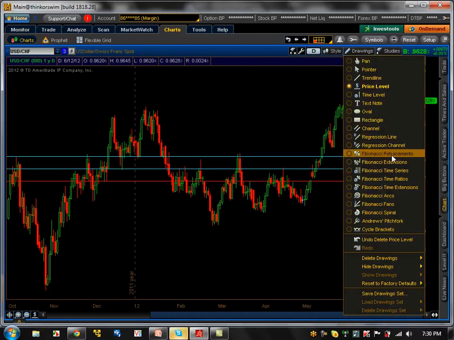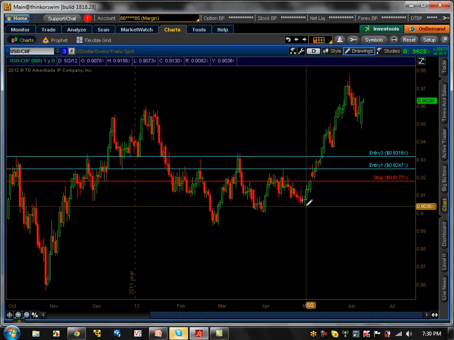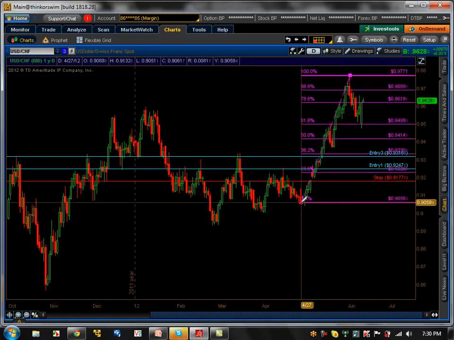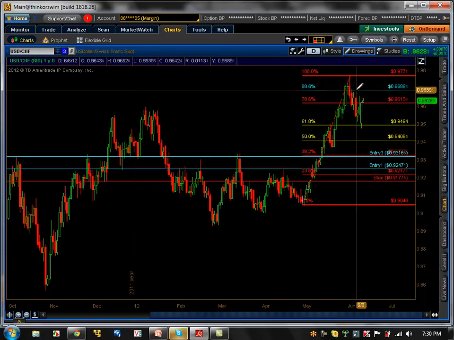So let's go get my retracement tool. Let's say that basically this entry 3 was using this one, right? So I'm going to draw this, and I'm going to sit there and say my worst case scenario is it gets to 88.6. Agreed? Okay. Then it could come to here.